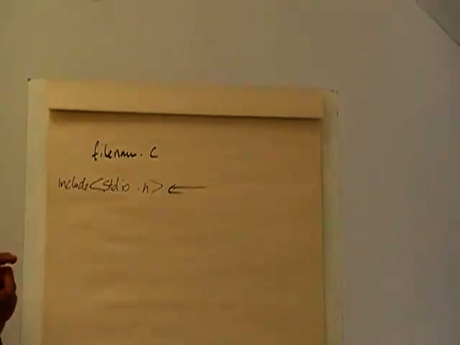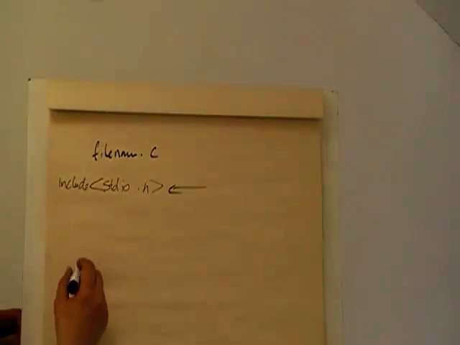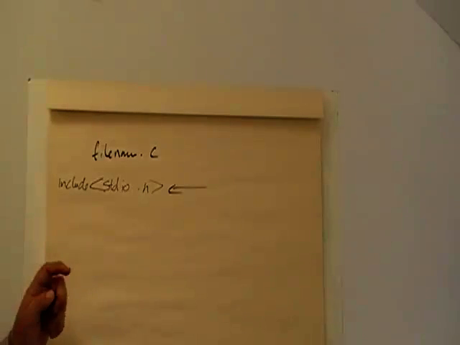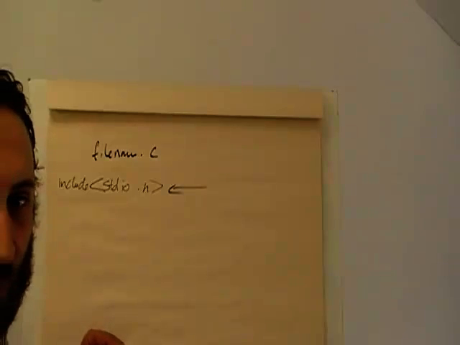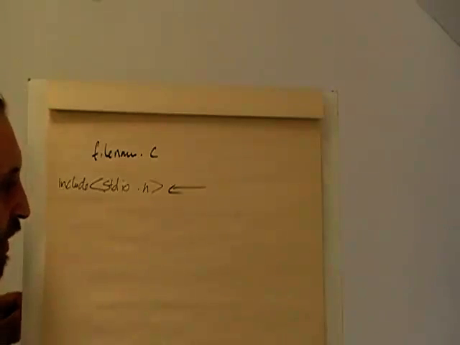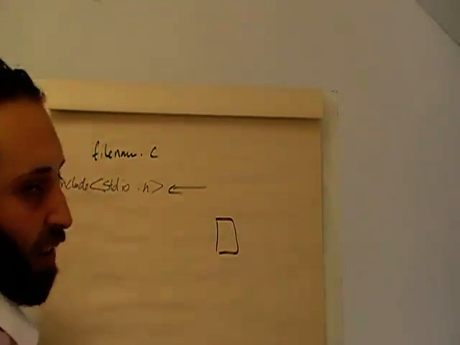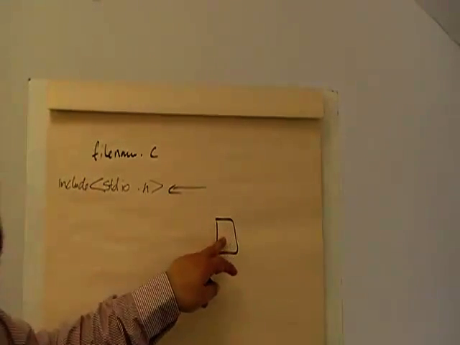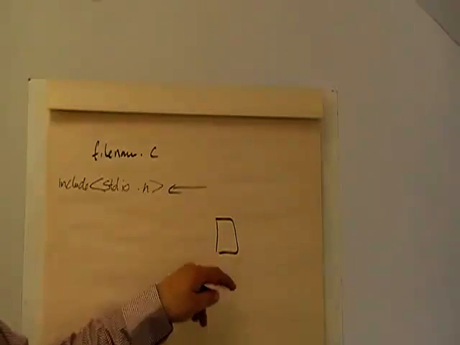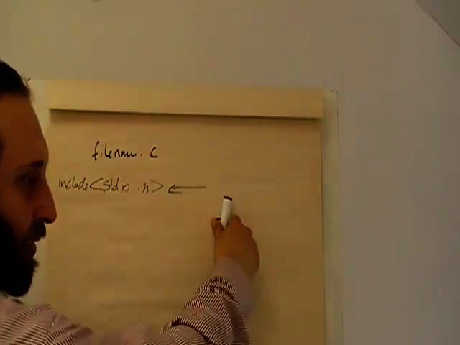So we're going to start with include stdio.h, and then I'm also going to introduce what's known as variables. Variables are containers. If you imagine a box, inside that box would be an object of some sort, like a box of pens.